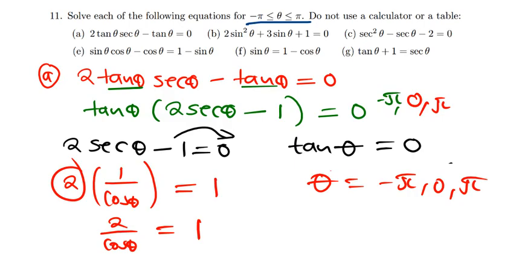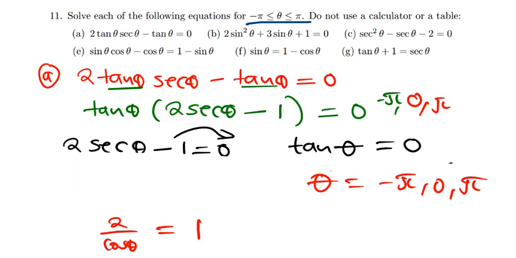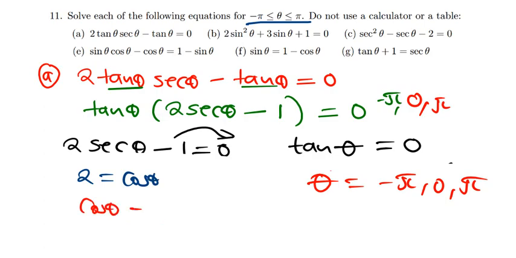At that point, if you had to make cosine of theta the subject, what do you remain with? You're going to have 2 is equal to cosine of theta. What is the answer? What satisfies cosine of theta being equal to 2?